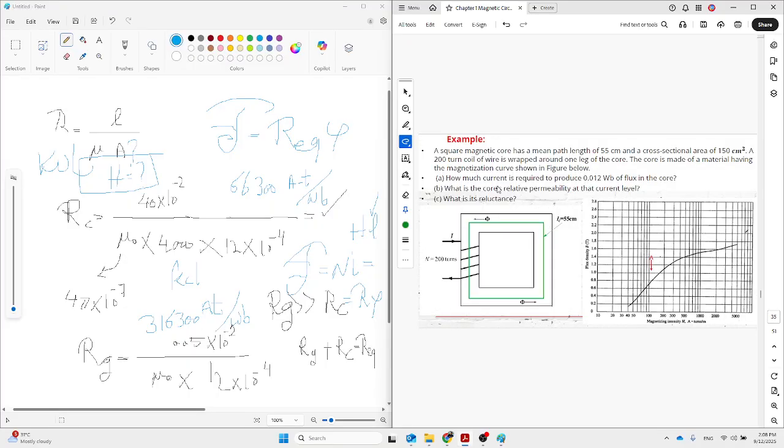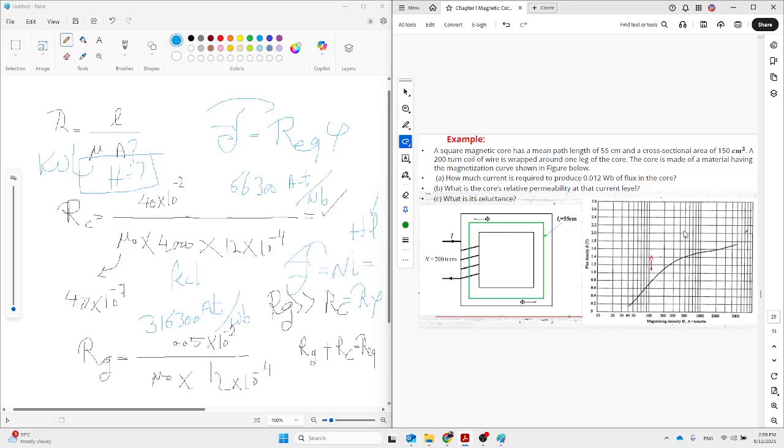Now the example question here. A square magnetic core has a mean length of 55 centimeter and cross sectional area given. So everything is given. A 200 turn coil of wire is wrapped around the leg of the core. The core is made of a material having the magnetizing curve shown in the figure below.